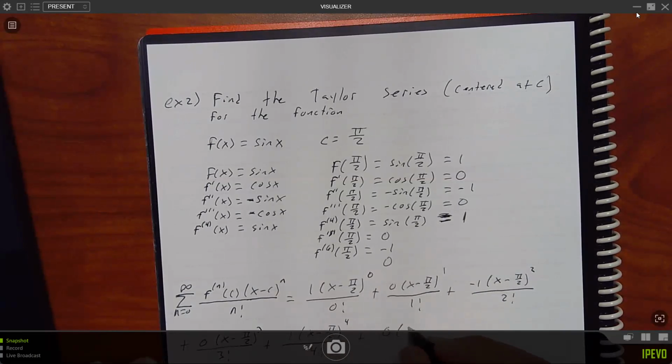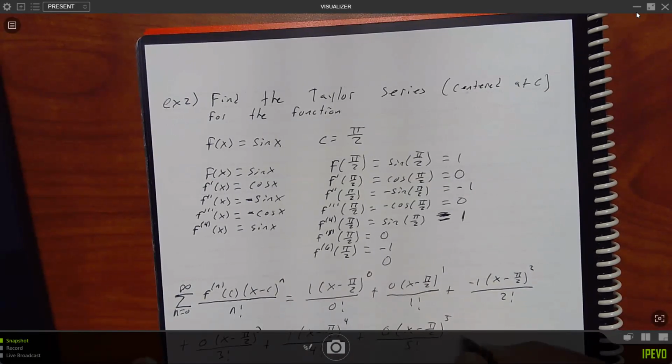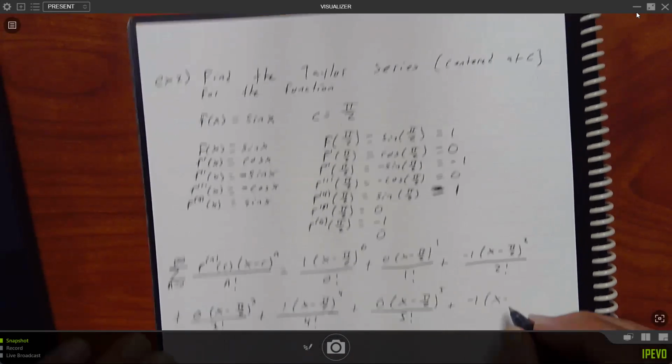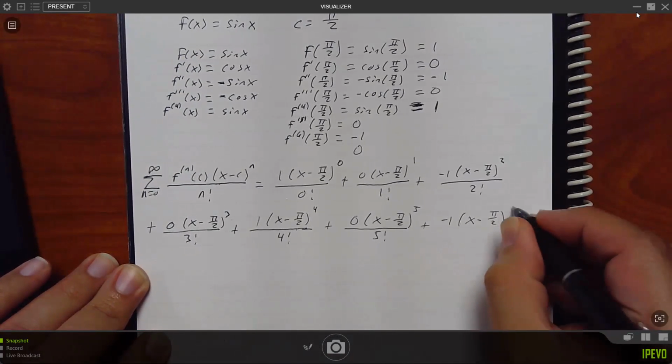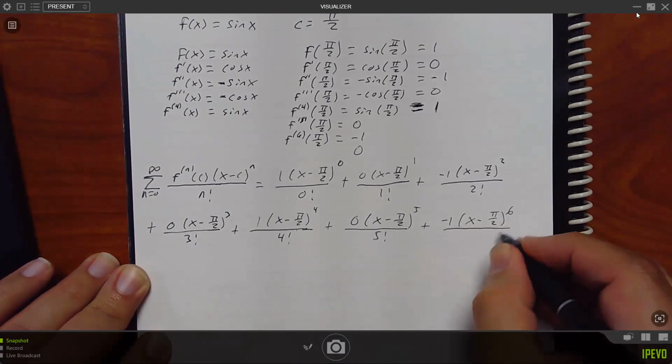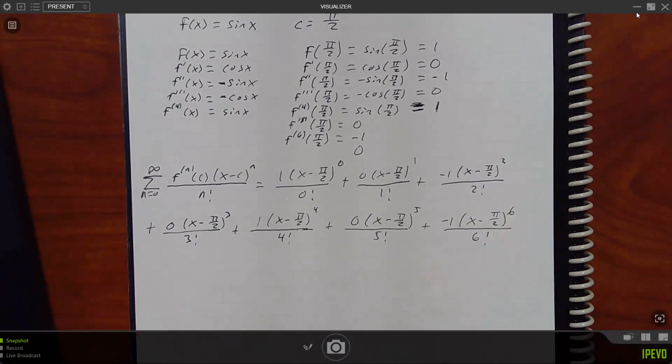Yeah. So I'm hoping you can see the pattern better this way. Okay. So I made 6 terms so you can see it.